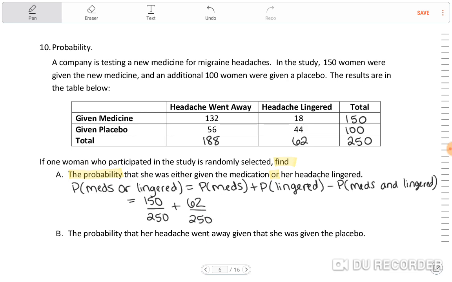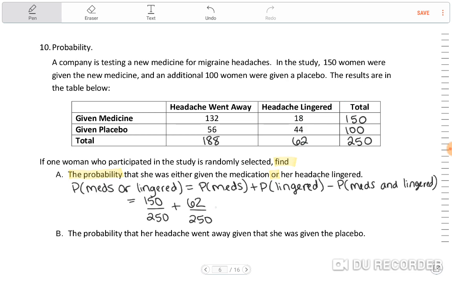Now, because I took this column here, the headache lingered, 62, and I took this row, the medicine one, you'll notice that when we added those up to get the 150 and the 62, that 18, like I said, was counted in both. It was counted in this row here of the medicine. It was also counted in the column of the headaches that lingered. So we counted 18 twice, which means we counted more women than there actually were.